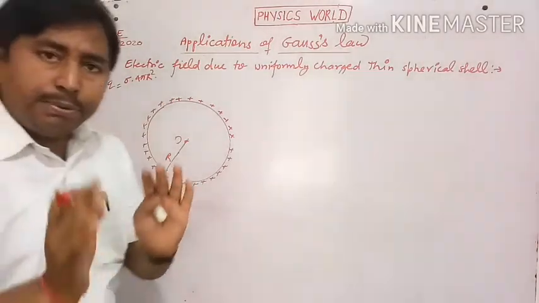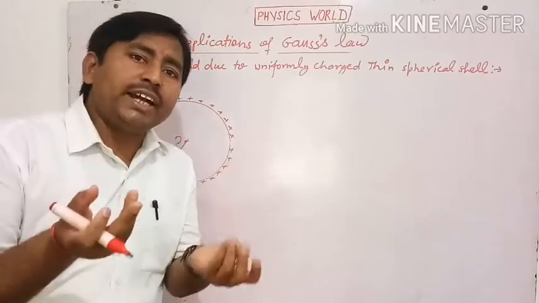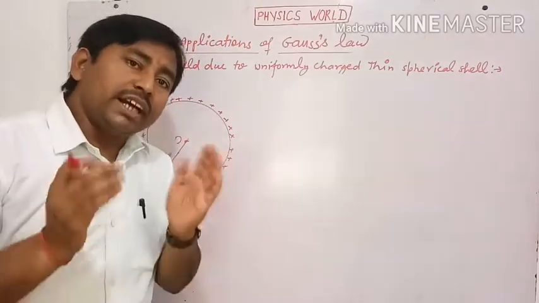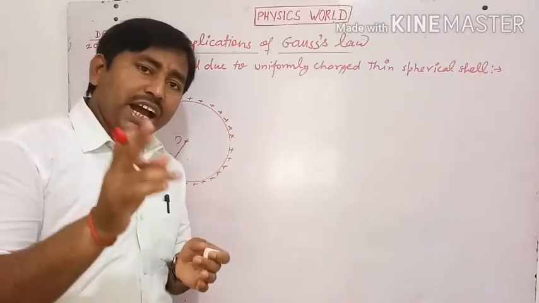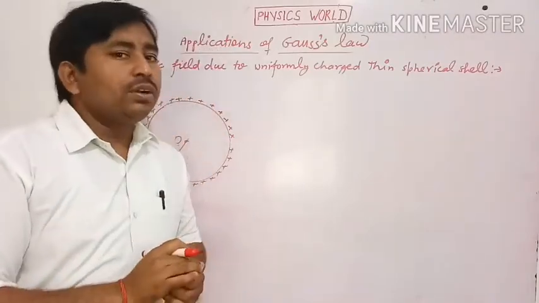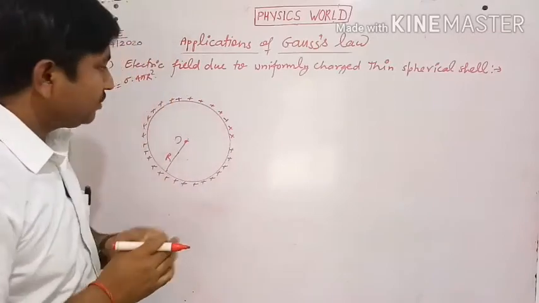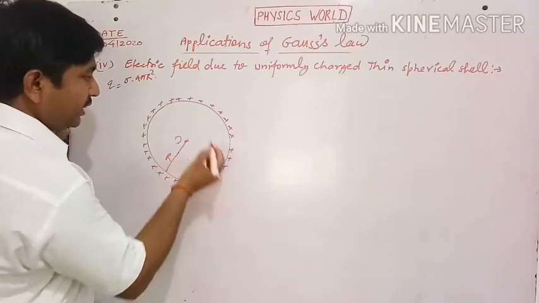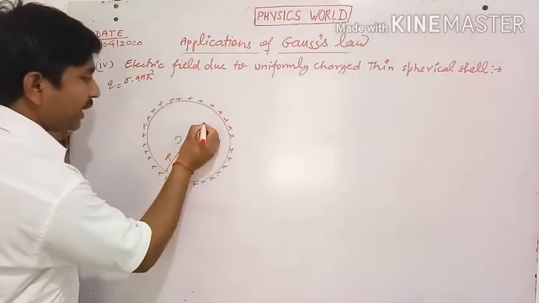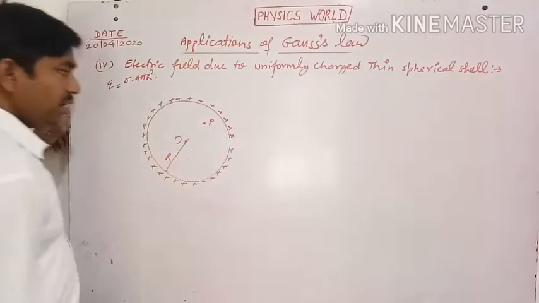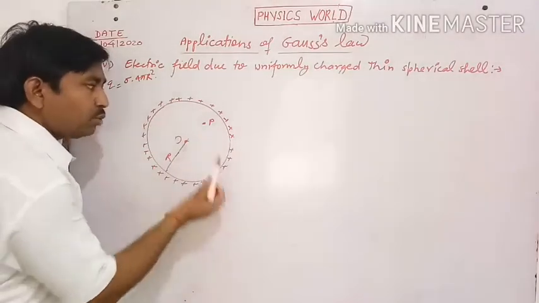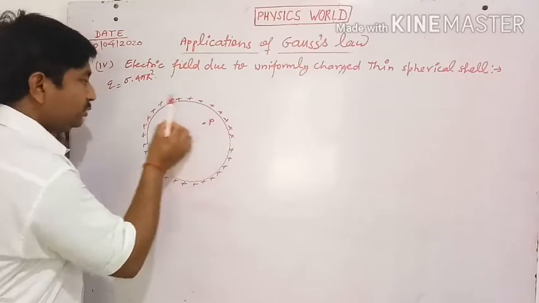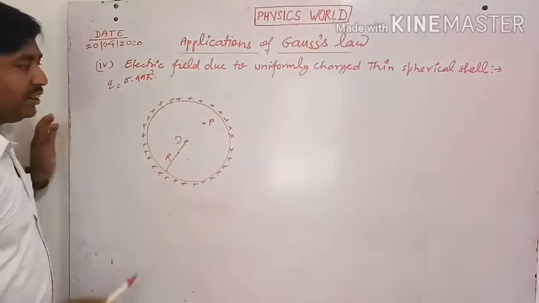Now if we take any point P and we want to calculate the electric field intensity at that point, how can we find it? Suppose we take any point P just inside the spherical shell, and we want to calculate the electric field intensity at this point due to this spherical shell.